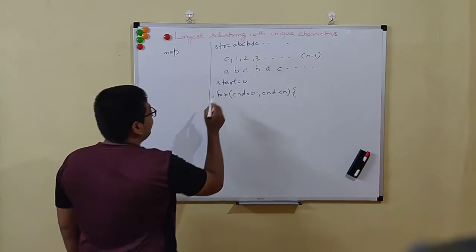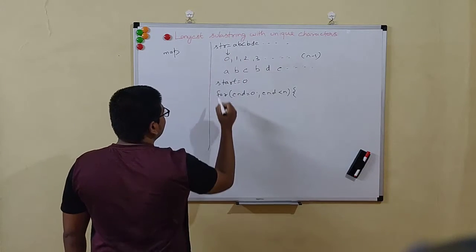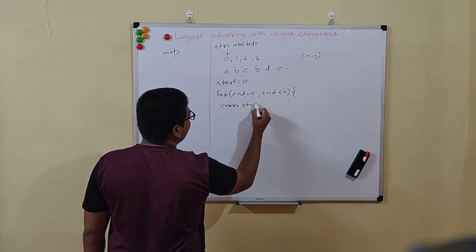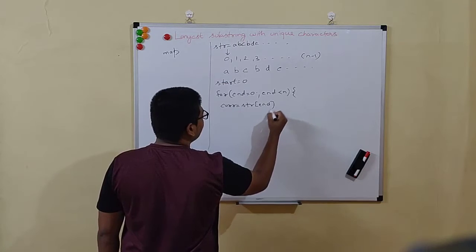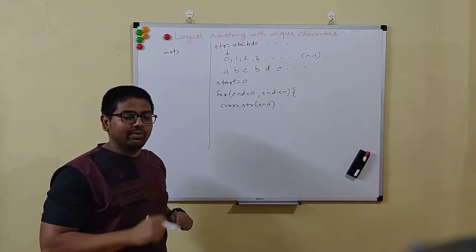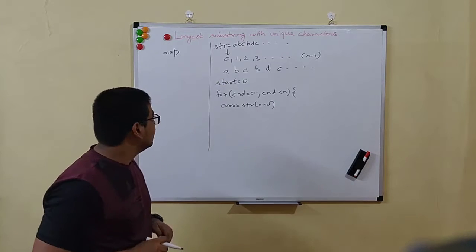So let's take a first index, that is 0. So the current element will be equal to str of end. So we will see that the character A is not present in the map. Exactly what we want. It is a unique character.